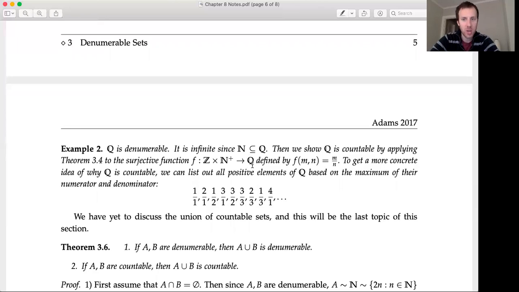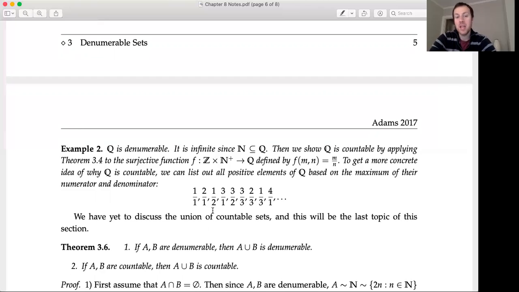In a more explicit way, we can also try to list the positive rationals by saying, first, make all the fractions you can that only use numbers up to 1. So that's 1 over 1. Then write out the rational numbers that use numbers up to 2. So that's 2 over 1 and 1 over 2.